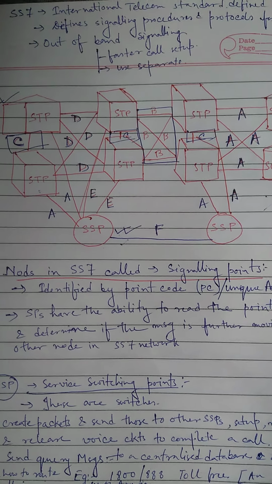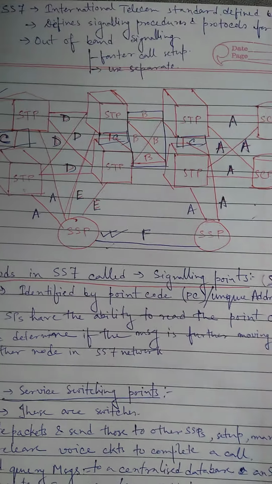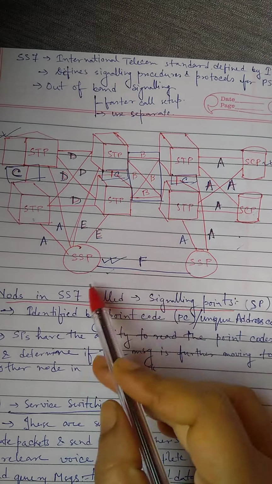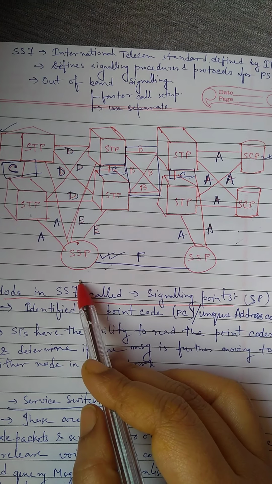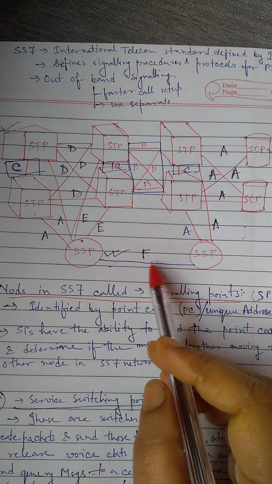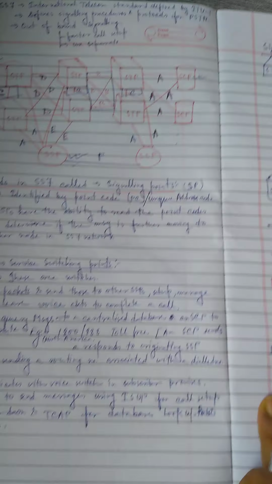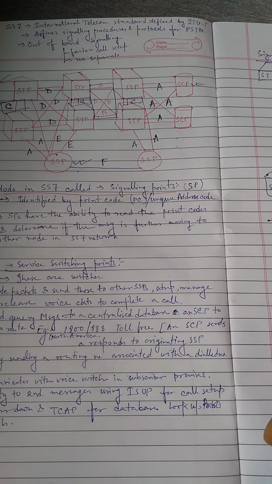That is the function of the E link. And the F link is used between these two SSPs, two endpoint switching points. It is the F link in the SS7 network. So that is all about the links and the points of the SS7 network.